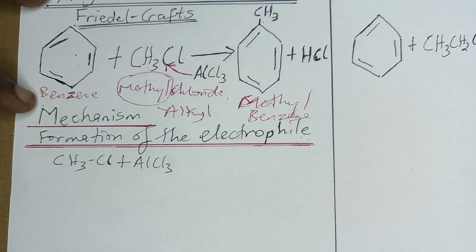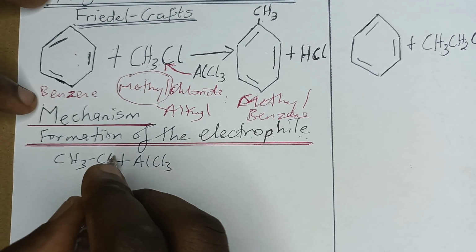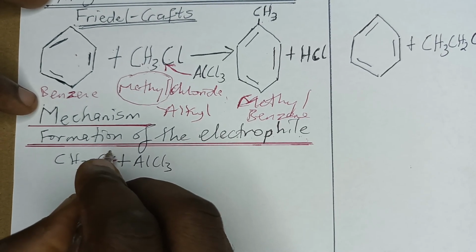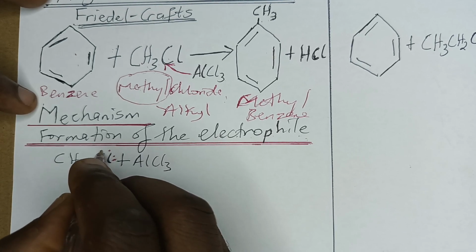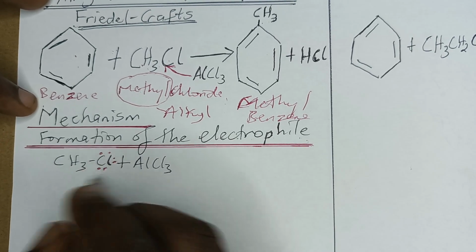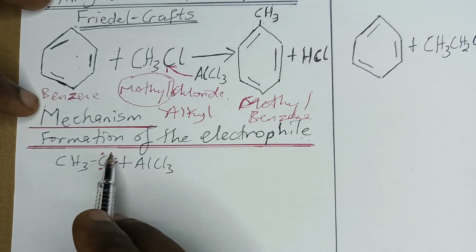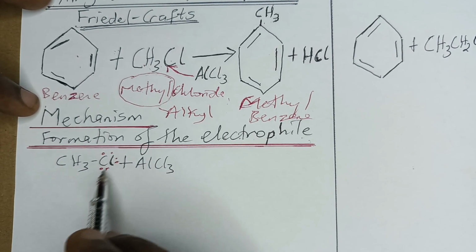They react together first. What happens? This one is having 1, 2, 3, 4, 5, and 6 electrons in the outermost shell, there are 3 paired electrons. This is paired, this is paired, this is paired.